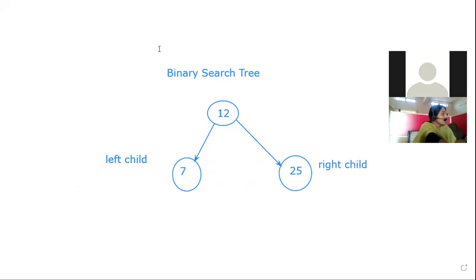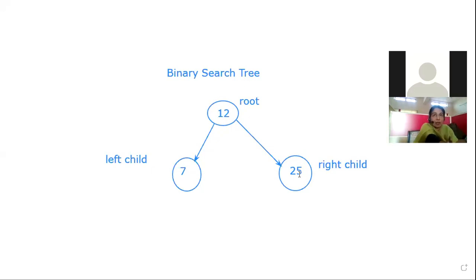Okay, and this is the root. So these are the terminologies of a tree actually. So it is the same as a binary tree or simply a tree I can say. So this is the root. In the root I am having the element 12 or data 12, and in the left subtree I am having the data 7, and in the right subtree I am having the data 25. Hope this much is clear.